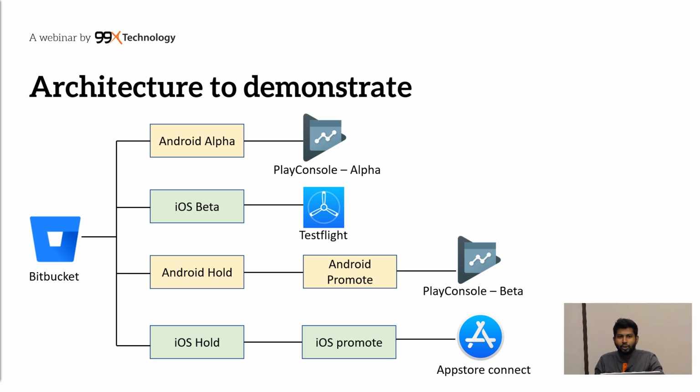Actually, in a real life scenario, what we do is promote it from beta to production. But since this is a demo, I'll be promoting it from alpha to beta. And also, while doing the iOS promote, I don't want to promote it to production in App Store Connect, as this is a demo app. I'll just run the command and show you how to do it during the demo.